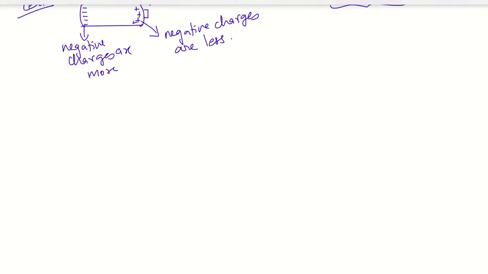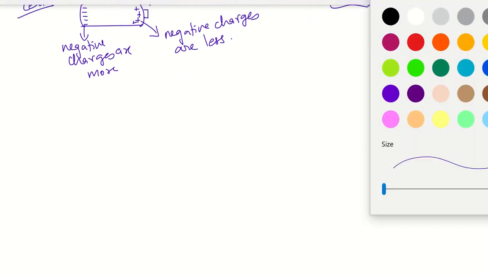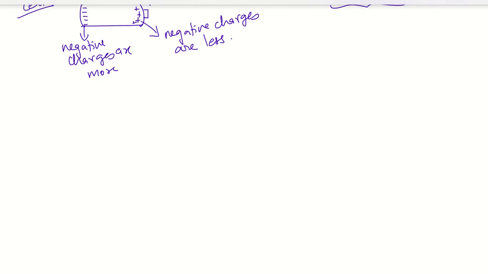So we have to understand the difference between these two. Let us use another color here. If I connect my cell like this, and use a bulb here, then the electrons, from the end where the negative charges are more, will start flowing like this.